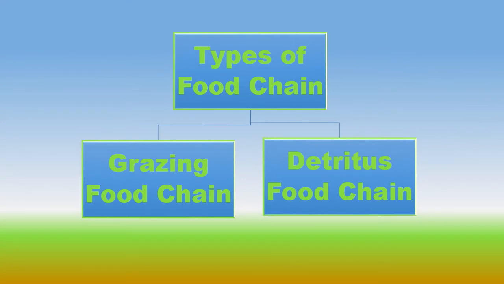Dear friends, now proceeding ahead, let's know about the types of food chain. Basically, food chain has two types. One is called the grazing food chain, and another is called the detritus food chain.